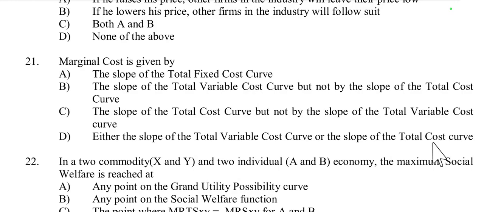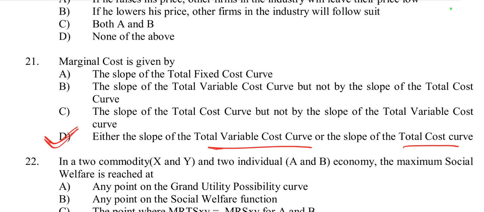So option D is right, because marginal cost can be determined by the slope of both the total cost curve and total variable cost, as both reflect the change in cost with respect to a change in output.